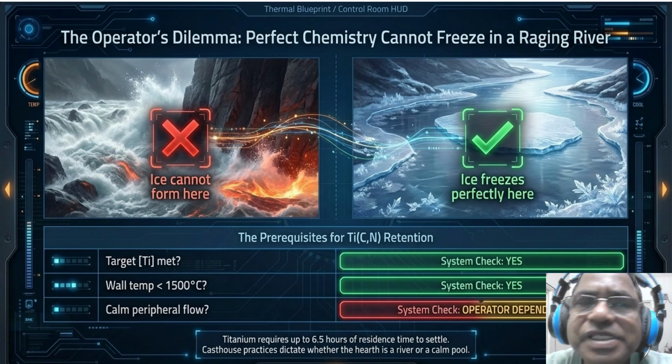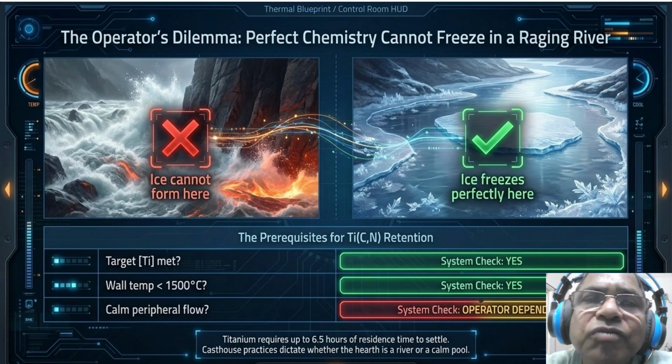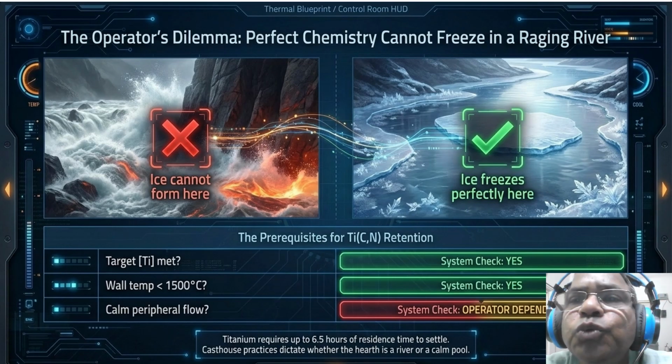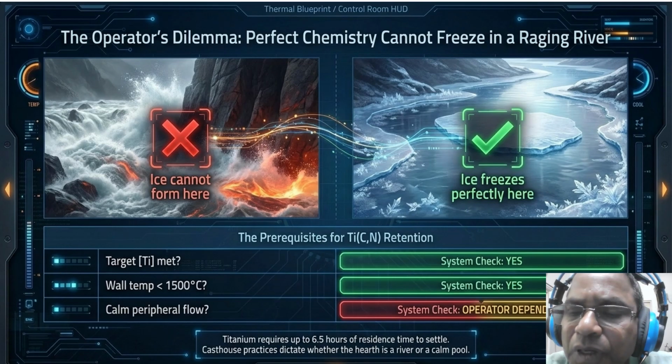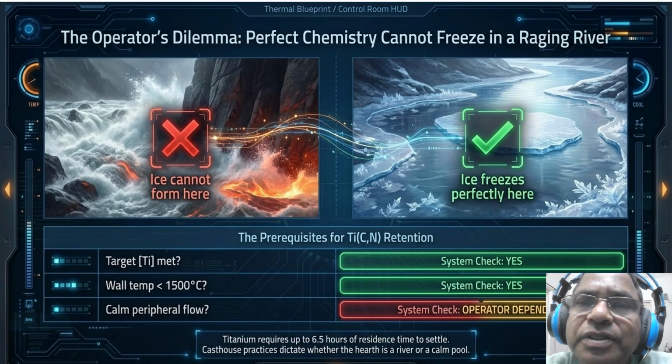On the left, we see a raging turbulent river. Just like ice cannot form in whitewater rapids, titanium crystals also cannot freeze if the peripheral flow is too aggressive. On the right, we see a calm frozen pool. This is where the ice and our titanium shield freeze perfectly.